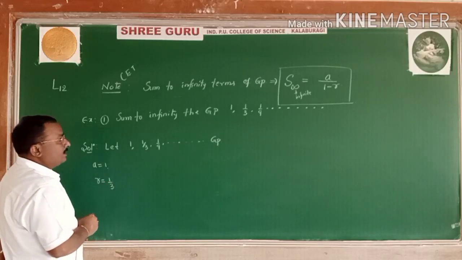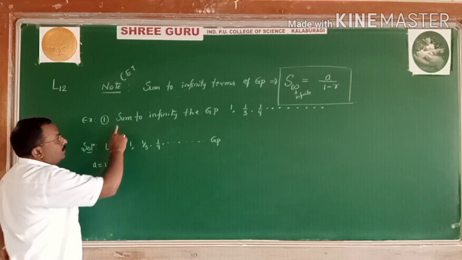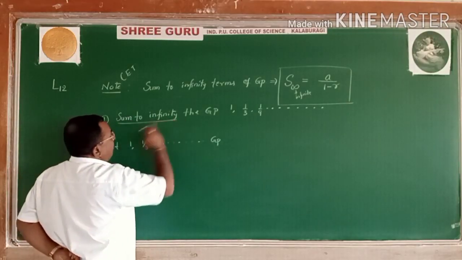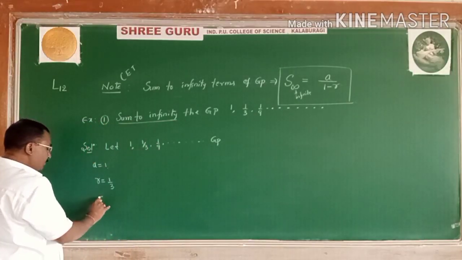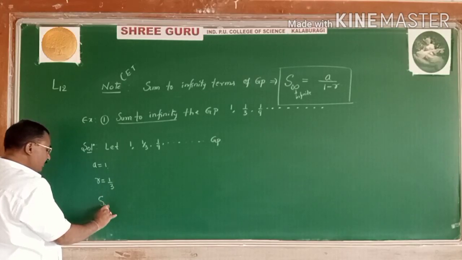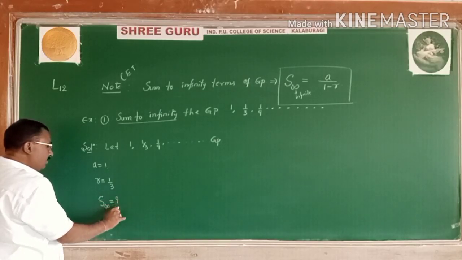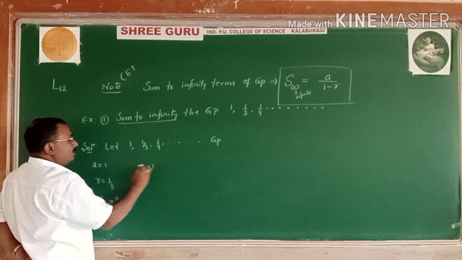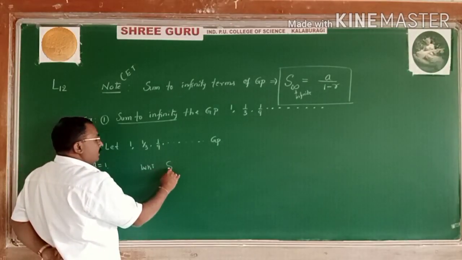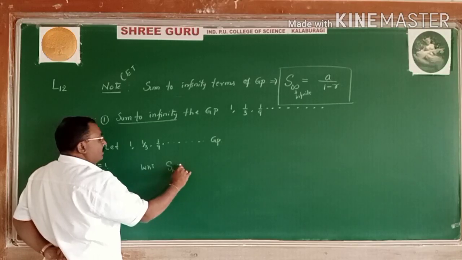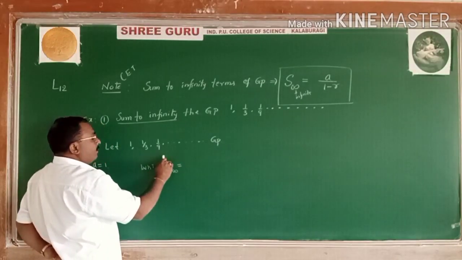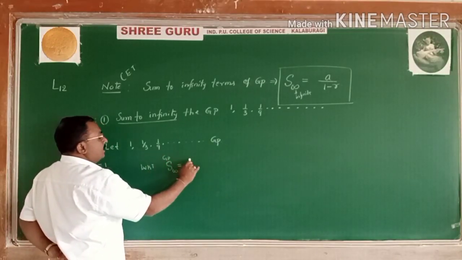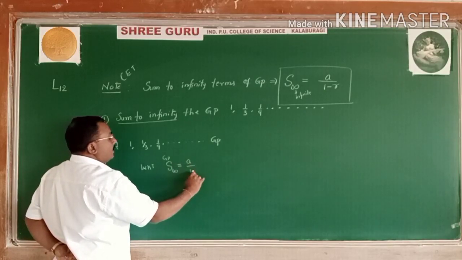To find S infinity, the sum to infinity, we know the S infinity formula for a GP is a divided by 1 minus r.